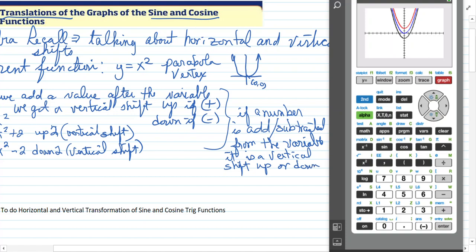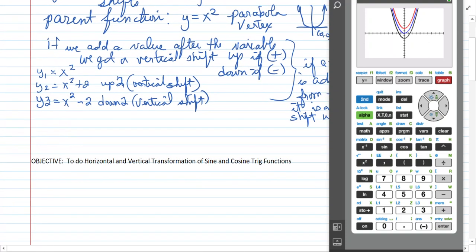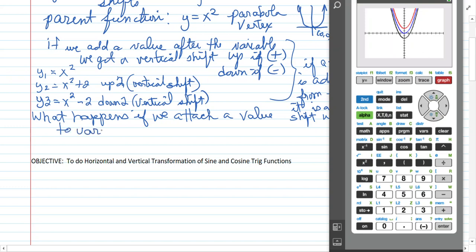All right, well, what happens if we attach a value to the variable with parentheses?